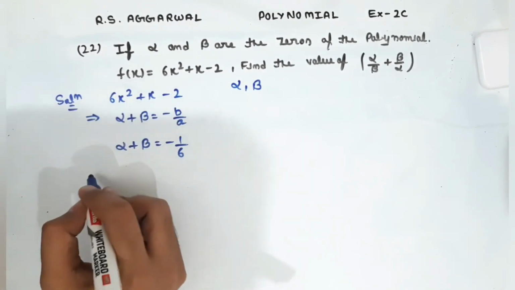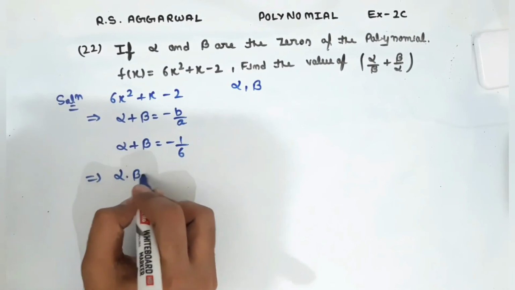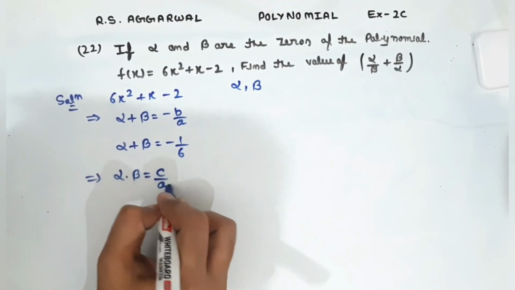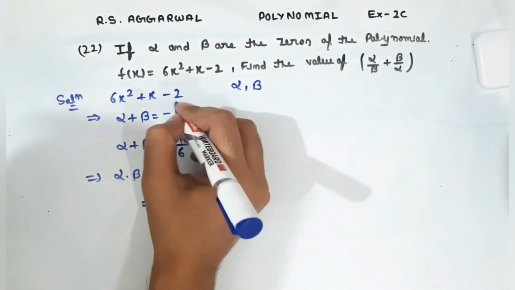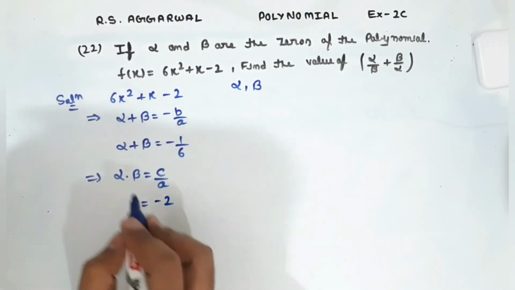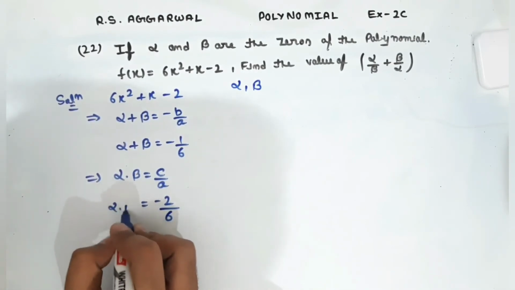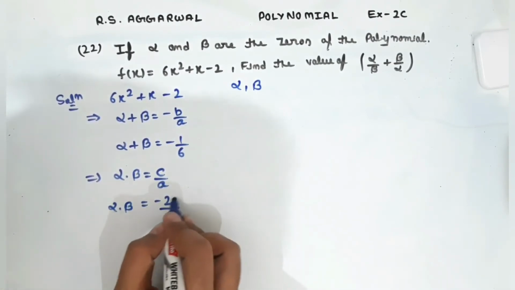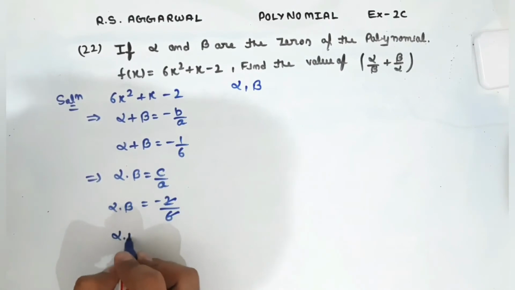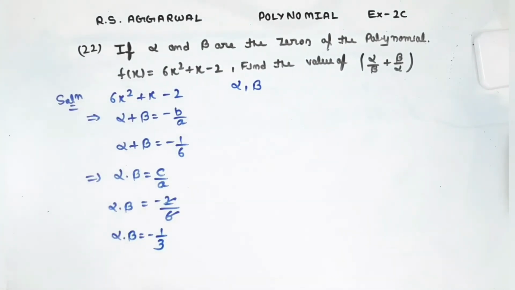For this quadratic polynomial, the product of zeros alpha into beta will be equals to c upon a, where c is constant term, that is minus 2, and a is coefficient of x square, that is 6. So alpha into beta will be equals to minus 1 upon 3.